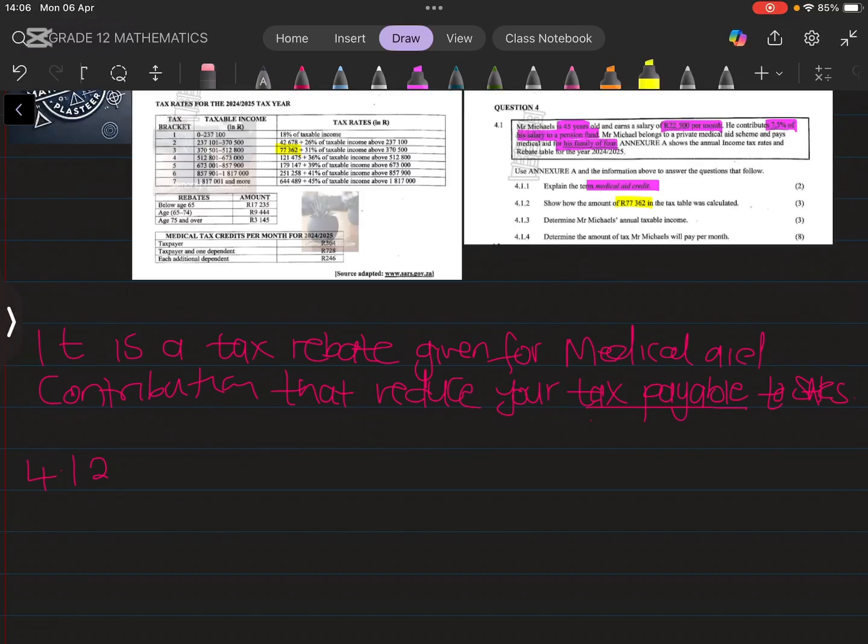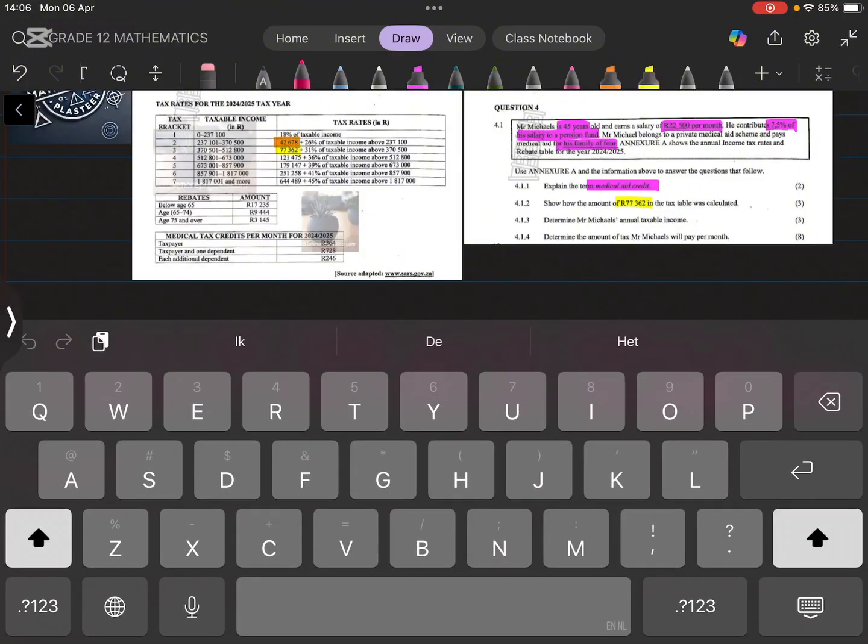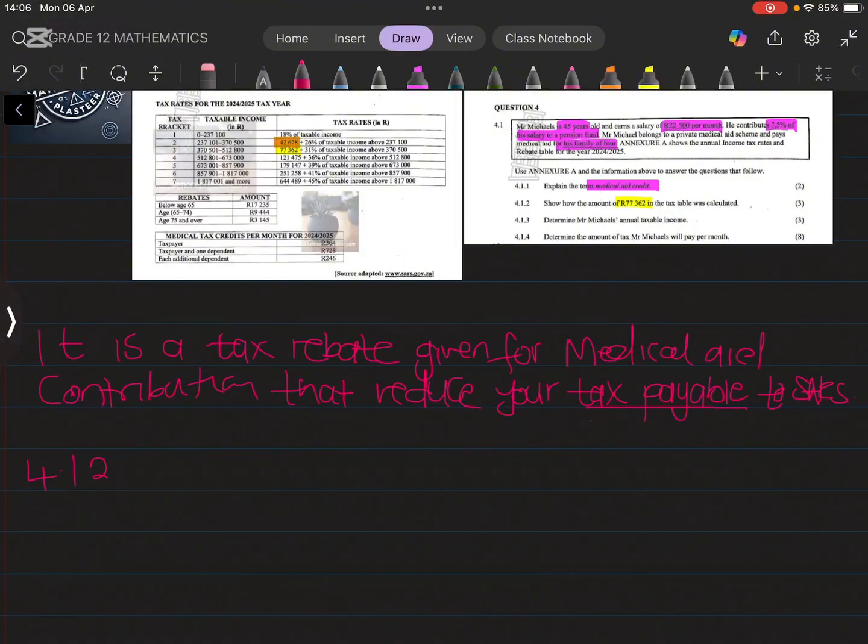So now we want to know how this 77,362 was calculated. First, let's look at how this 42,678 was calculated. How was it calculated? Let's take a look at it.